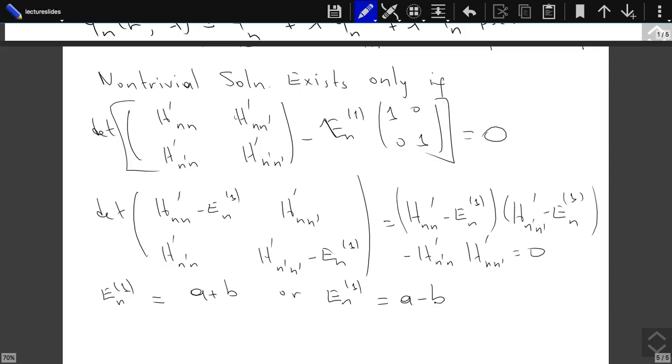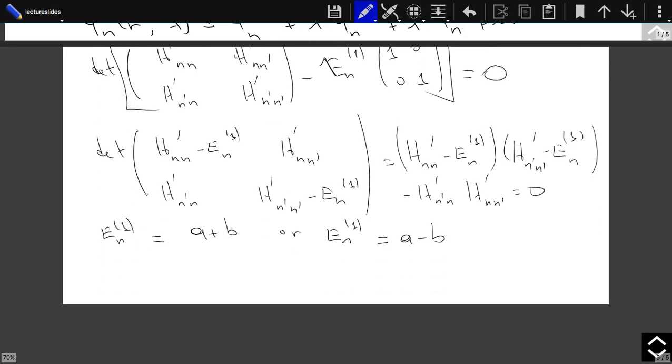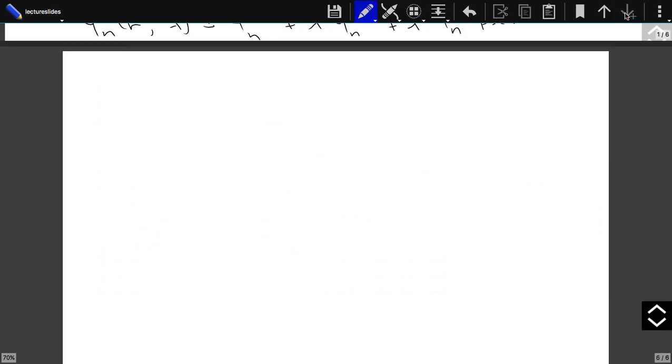Let's do an example. That will be much more clear. Let's assume we have a simple system in which the Hamiltonian H0 itself is a matrix: epsilon, epsilon on the diagonal and 0, 0 off the diagonal.